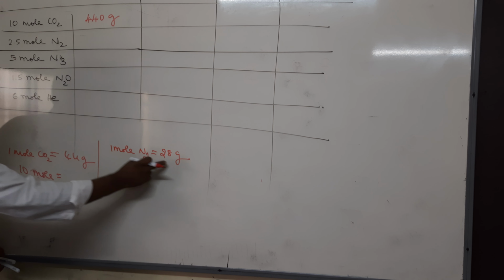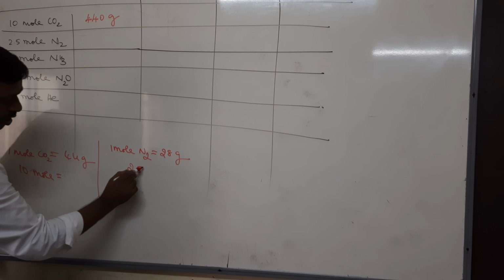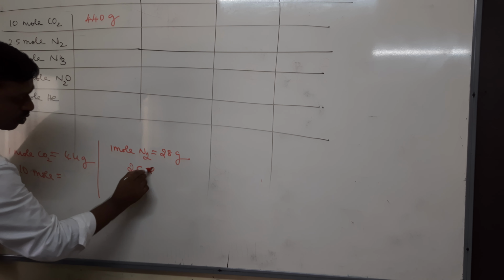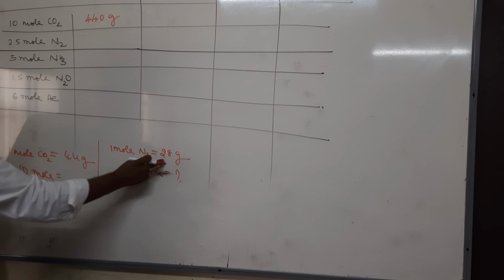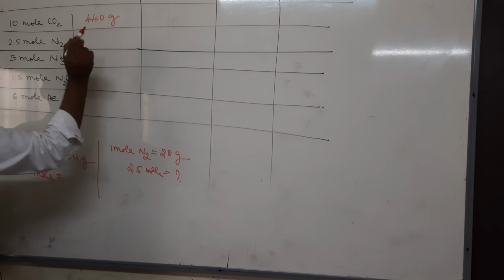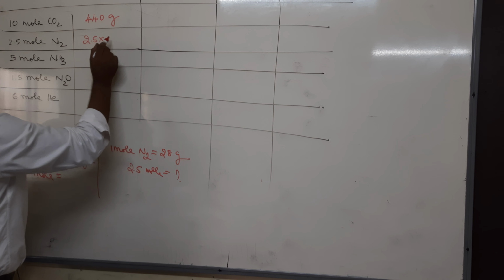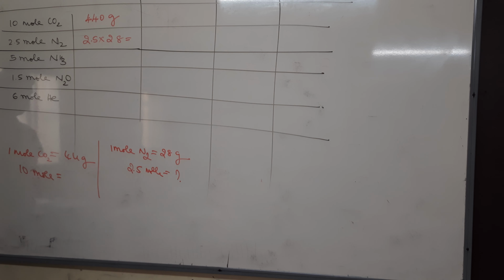But given 2.5 mole, it means 2.5 mole is equal to 2.5 multiplied with 28 grams.